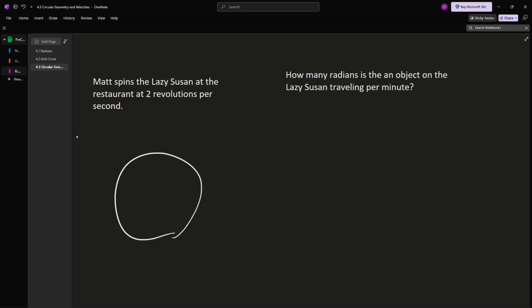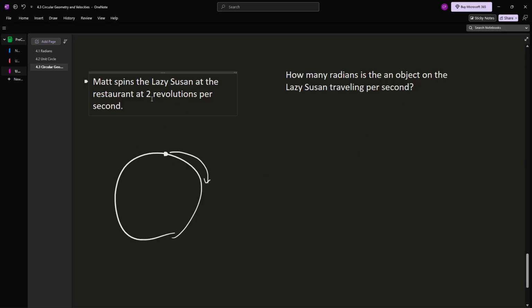What we do with movement is pick a point and see how fast it is moving around. We use minutes for this. Actually, let's not do minutes. Let's change it to seconds. So how many radians is the object on a Lazy Susan traveling per second?